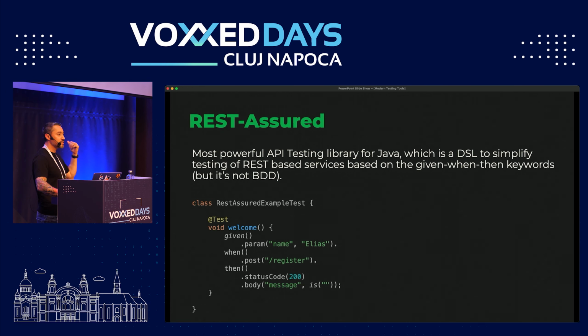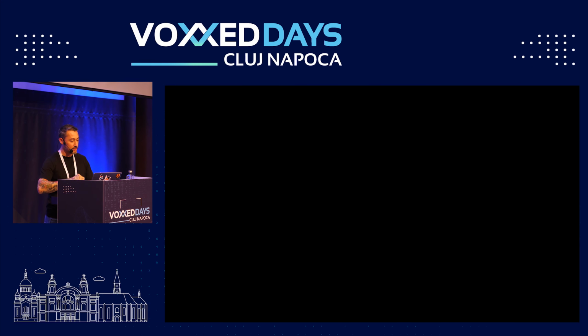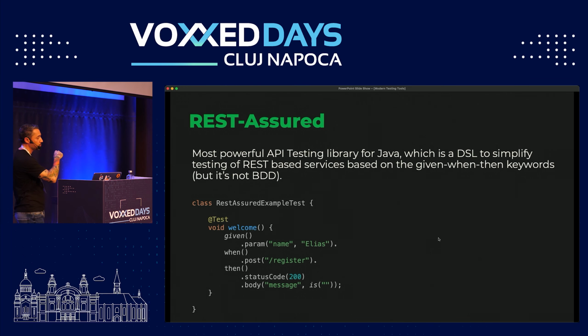RestAssured is super easy in general because it has the BDD approach to understand the code, but not to apply any BDD approach through test automation. Why is it BDD approach?